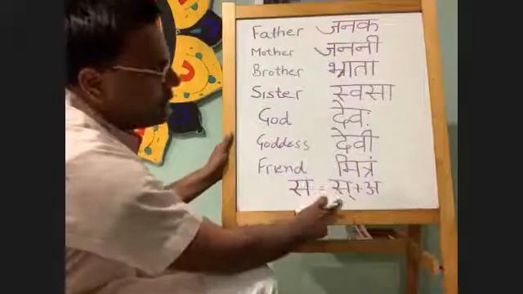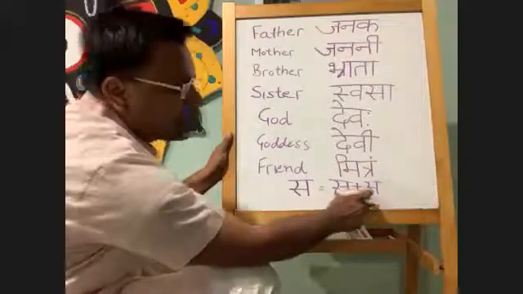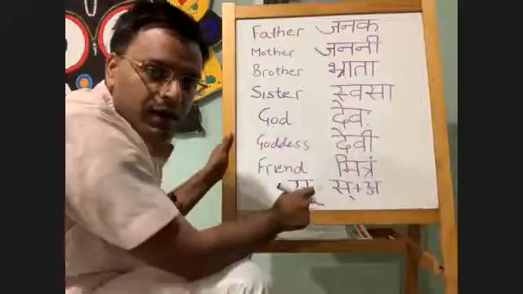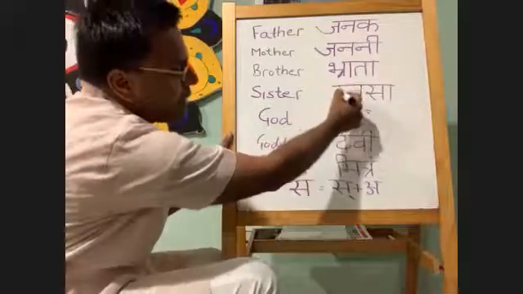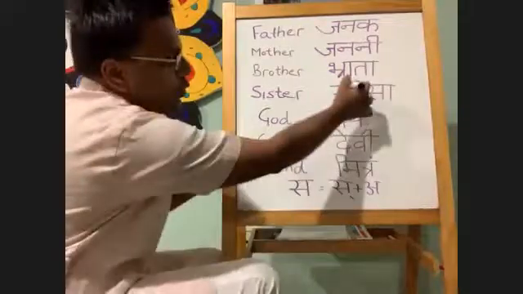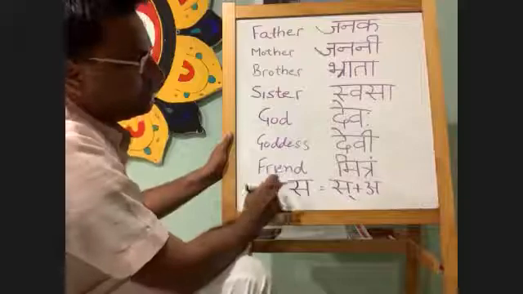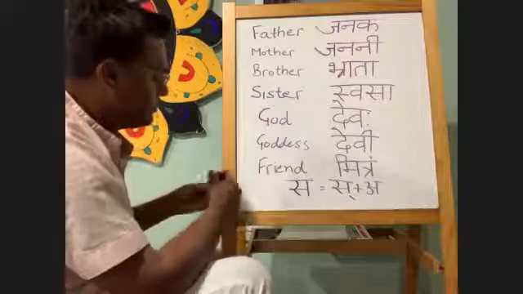In some words, when there is no full a sound present, it's not sa va sa, swasa. So you write that letter as a half letter. There is no ending line here. So it is still sa, but half sa.